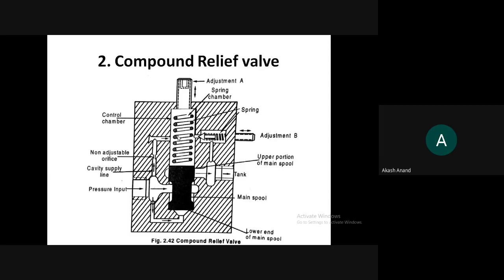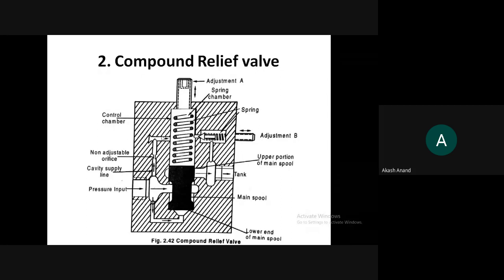You can see the main spool is blocking the input flow to the tank, thereby the input flow is splitting into two: one going to the bottom and the other to the top.